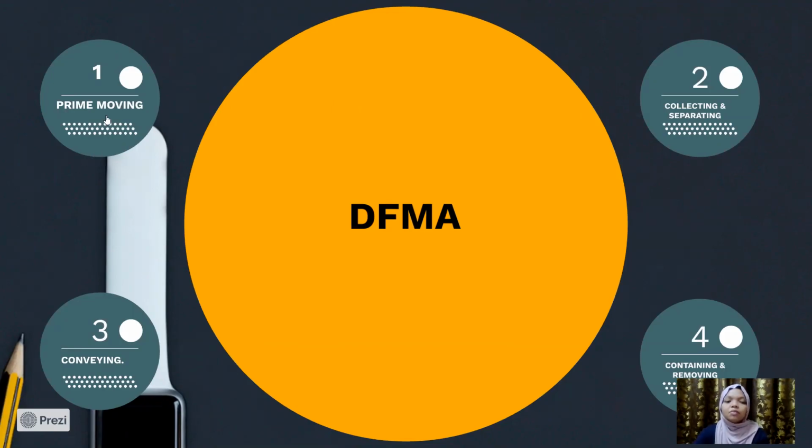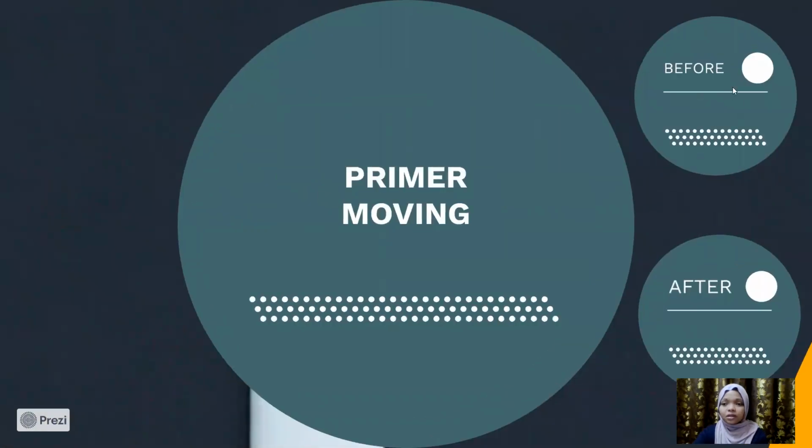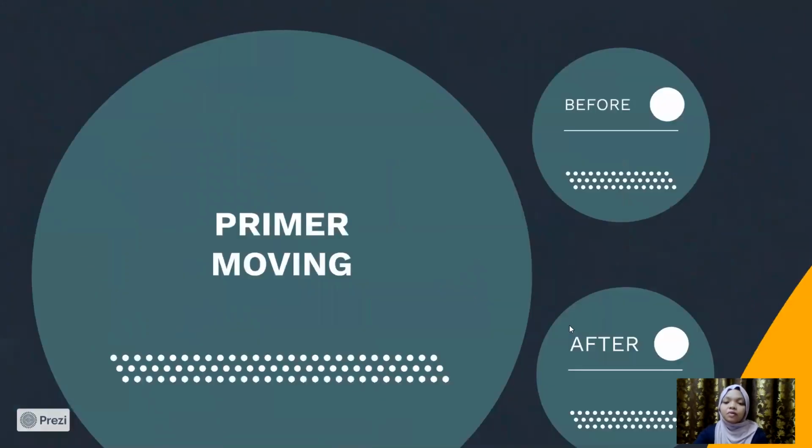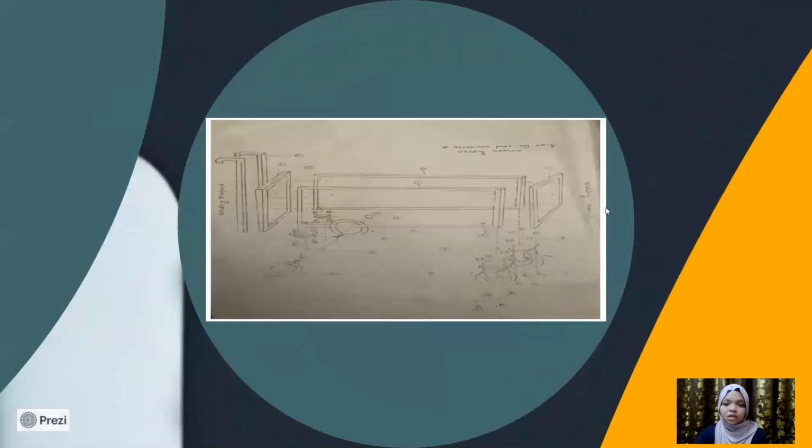For the prime moving, this is the design sketch before. As you can see here, before we used a lot of bolts, nuts, and washers, and after DFMA we reduced the bolts, nuts, and washers by welding the handle part, square part, and rectangle part together.